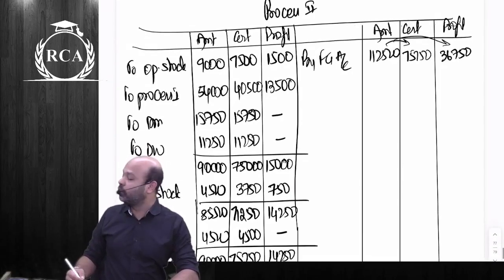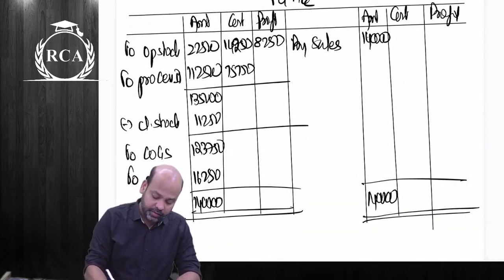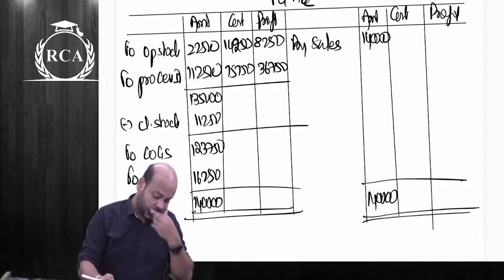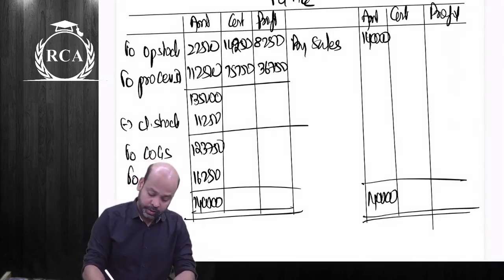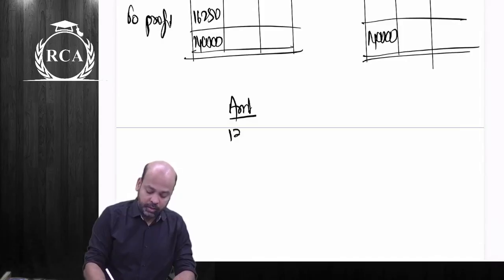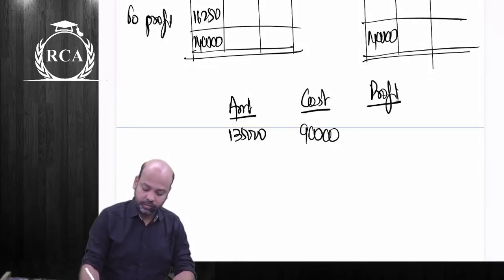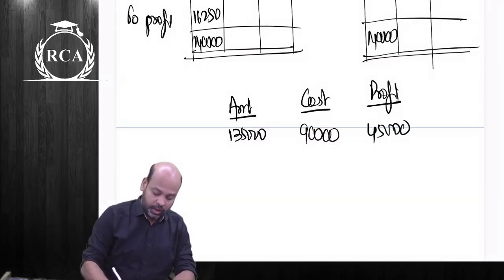What is the profit included in that? 36,750. Total कितना हो गया? Now, if the amount is 1,35,000, cost is 90,000, profit element included in that beta is how much? 45,000. ये जो अपना closing stock है guys, this is 11,250.